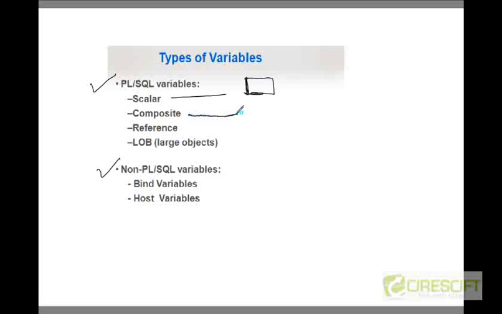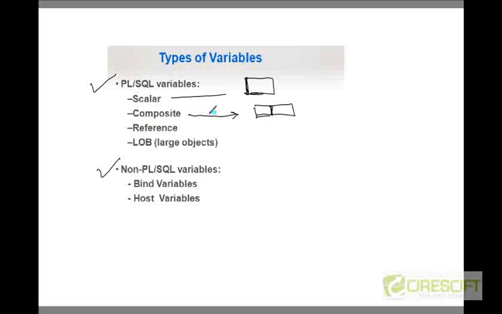The next one is the composite data type. Here I can store multiple things in one variable. A composite data type is something like a structure in C. In the composite data type, I define what kind of individual elements I'm going to store.